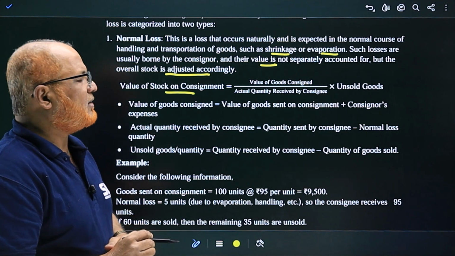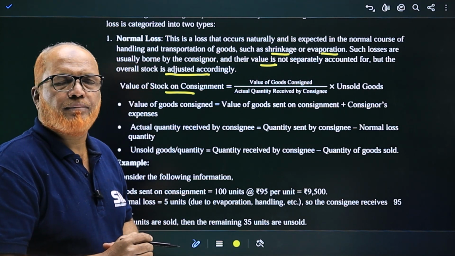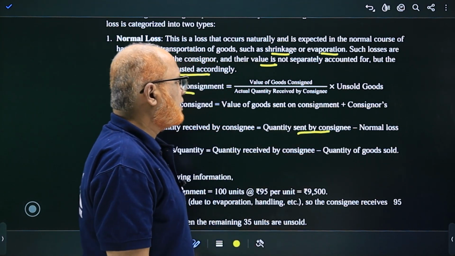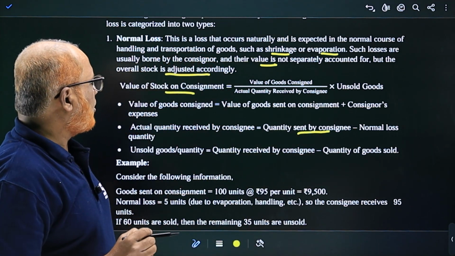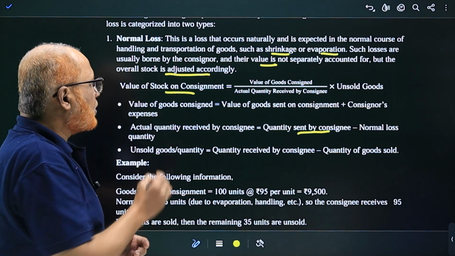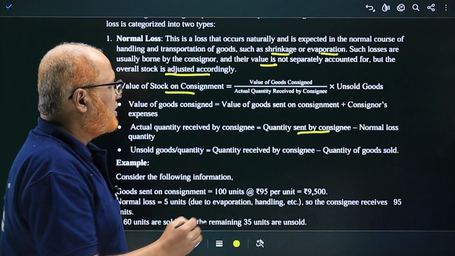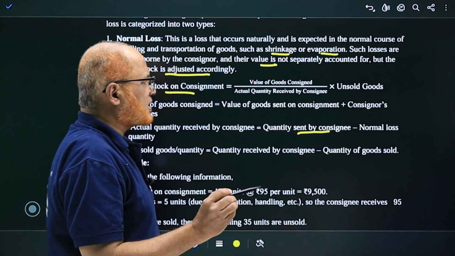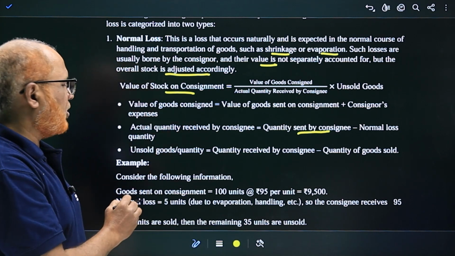Then, actual quantity received by the consignee. From the quantity sent by the consignor, minus normal loss of quantity, this will give you actual quantity received by the consignee.